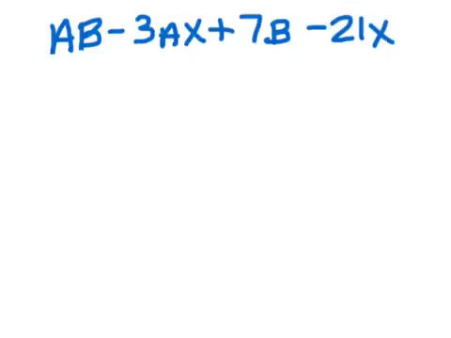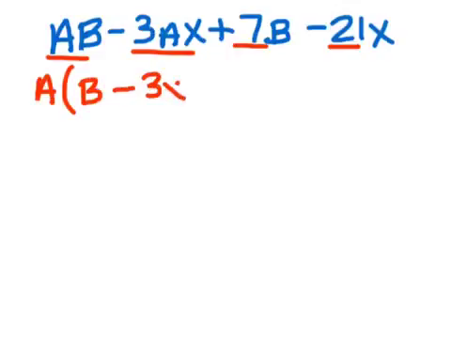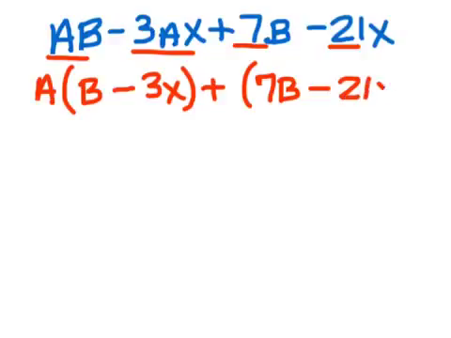Here's a problem from yesterday's quiz. Now it looks like the 7 and the 21 can stay together. On this one, the only thing we can take out, it looks like it's going to be an A. So when we do that, we're left with b minus 3x. And then back here we have plus 7b minus 21x.